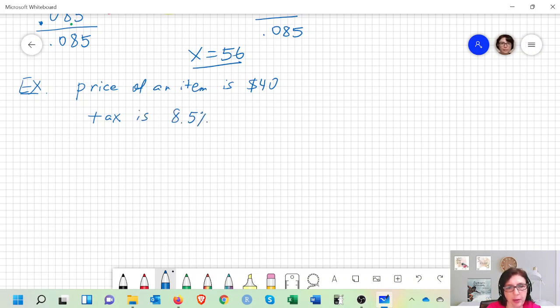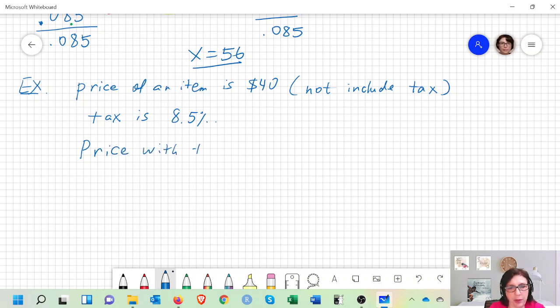How much are you actually paying for that item? This price, usually the way they quote it in stores, does not include the tax. Now we want the price that does include the tax.